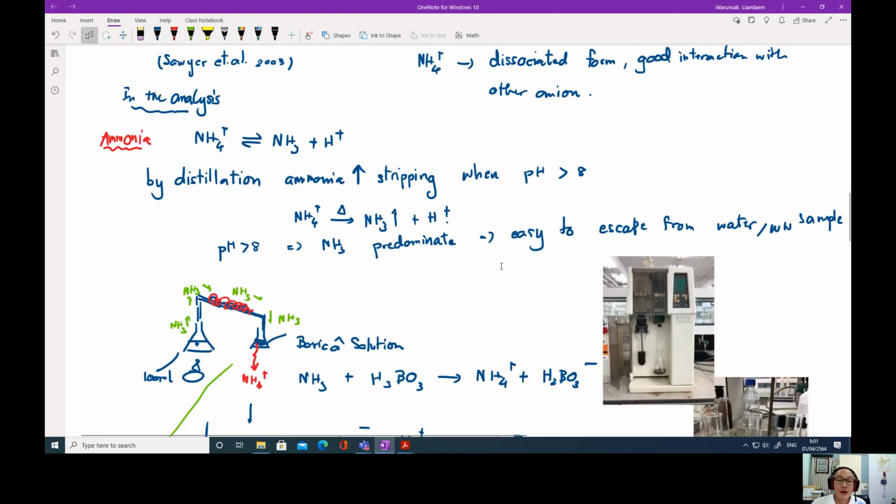So what can we do with the ammonia analysis? We use the distillation unit to allow the ammonia to be stripped from the water sample.